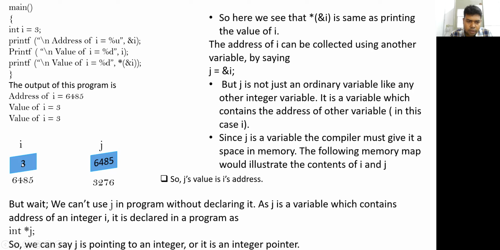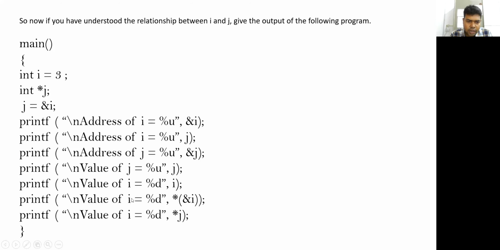So for this line, we'll get I's value. This is how we can use the address of and value at address operators.